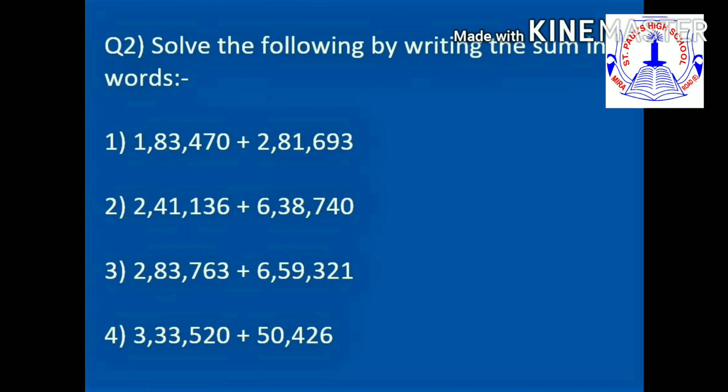Third one, 2,83,763 plus 6,59,321. Fourth one, 3,33,520 plus 50,426.